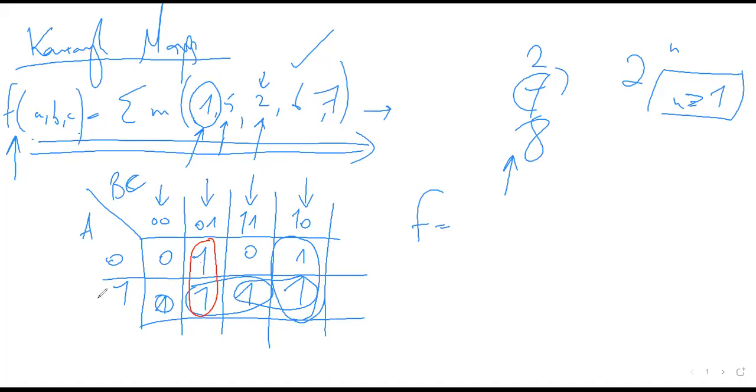When I say the variables remain constant, you look at this side and this side. For this pair in red, my variable changes from 0 to 1, which means I don't consider the variable A in the simplified expression. But if I look at the BC part here, I see that the variables remain constant.